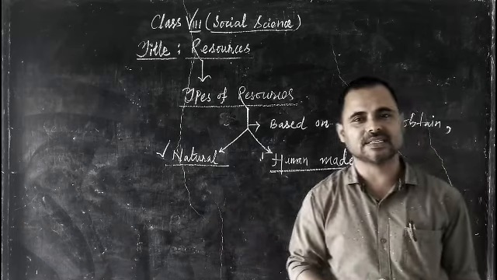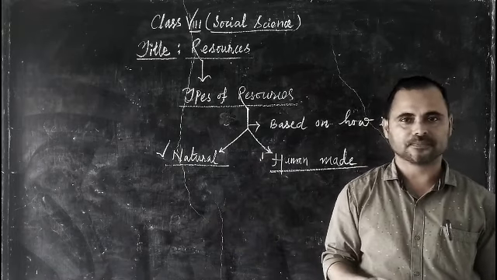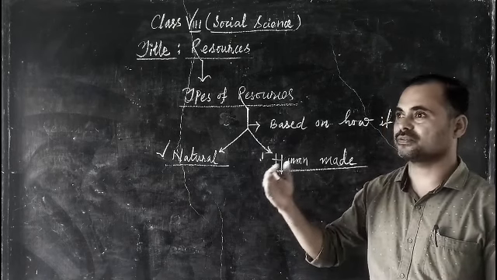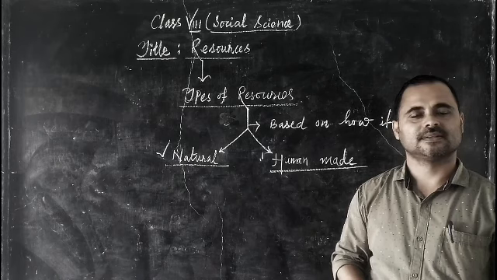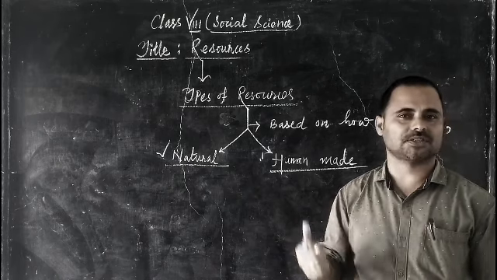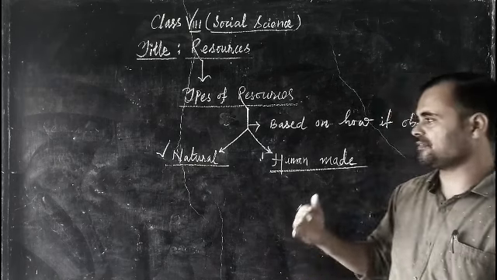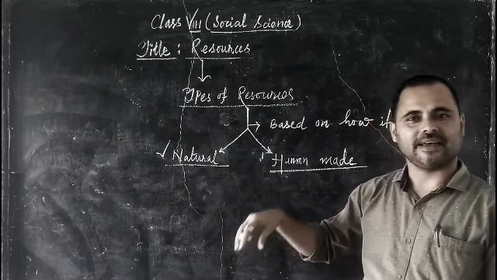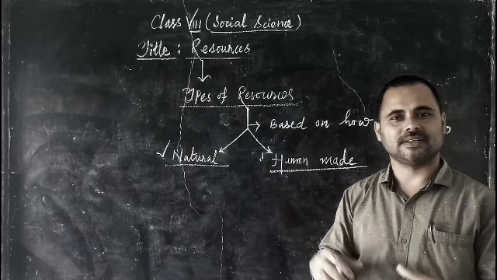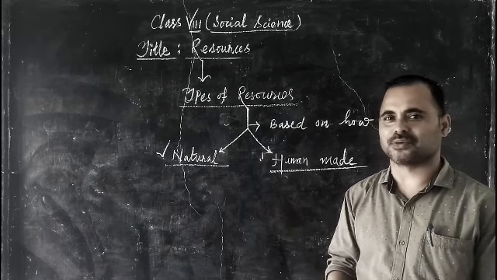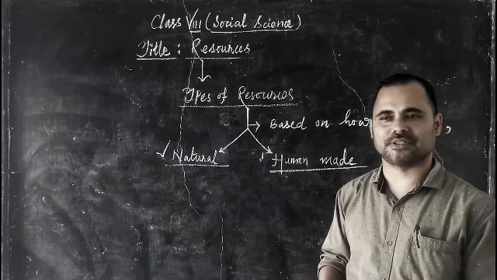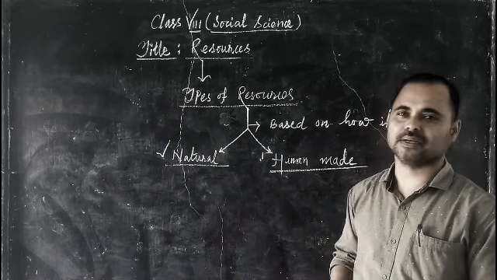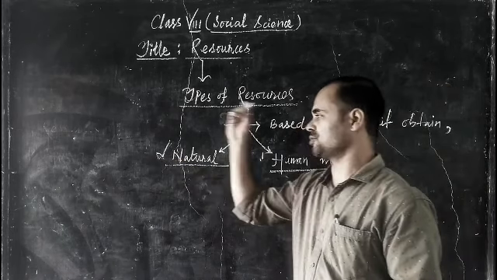Take the example of the different patterns of landform, the soil, the forests, river water. These are different types of resources and they exist on the earth, and for their existence nature plays its own role. Human beings have no contribution.